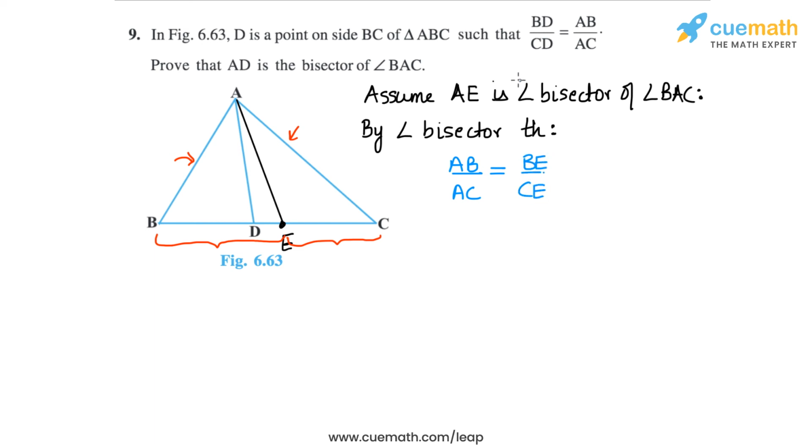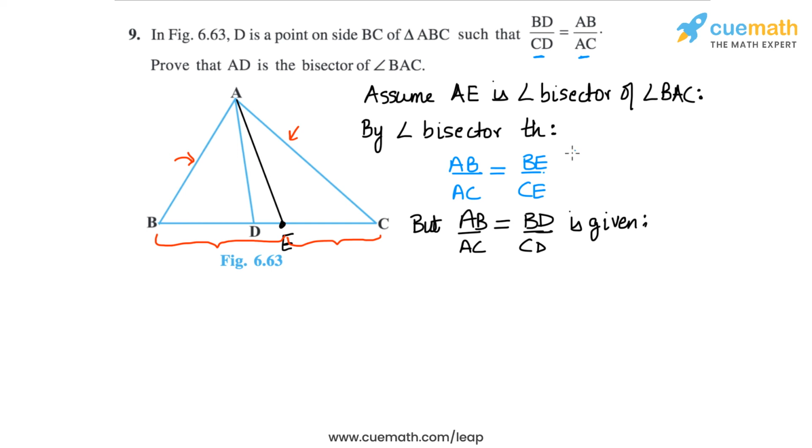But we are also given that AB by AC is equal to BD by CD. This is given. So what can you say from these two things?